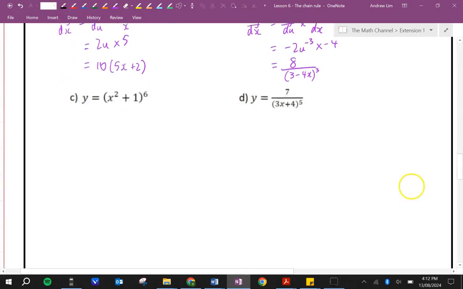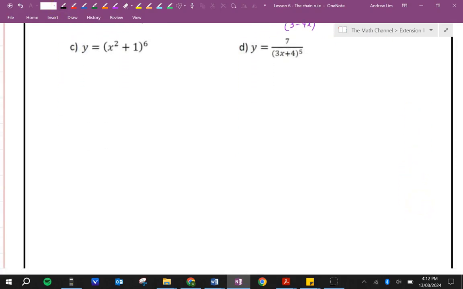Okay. Why don't you pause the video and have a go with C and D? Okay. So if we let u equal to what's in the brackets, y would equal u to the power 6. Differentiate u with respect to x, we get 2x.